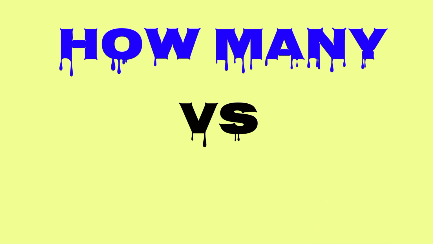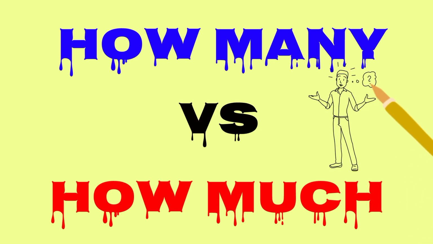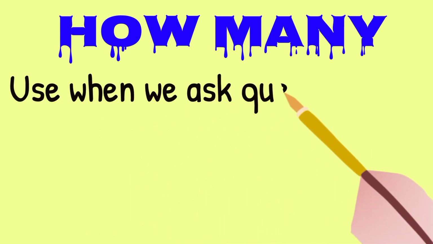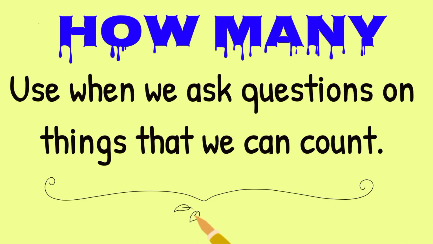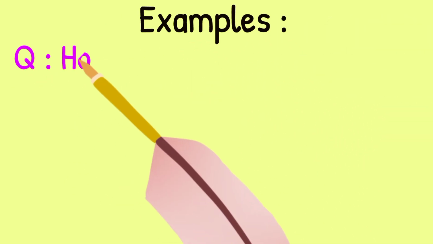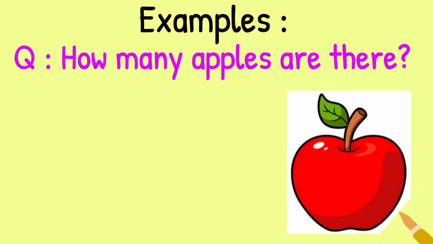Let's start with how many and how much. Let's know when it is suitable to use how many and when it is suitable to use how much. When we ask questions on things that we can count, we use how many. For examples, when you were asked, how many apples are there?